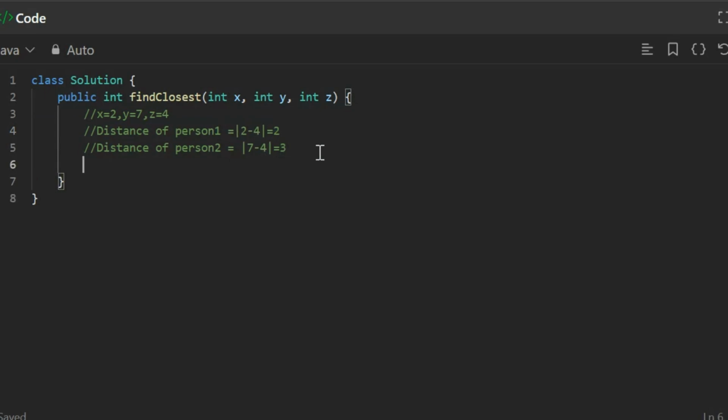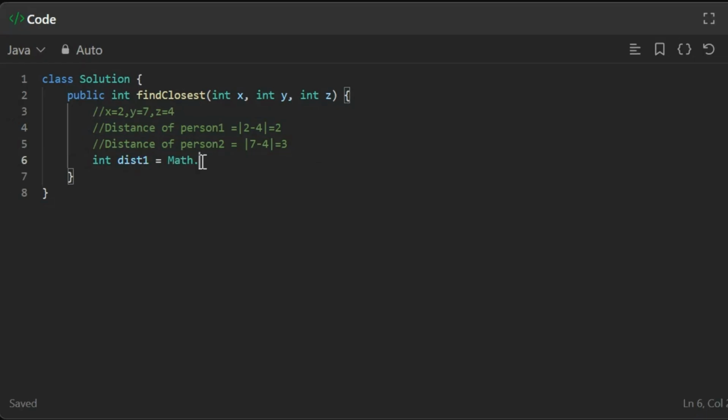So let's code it. We'll use Math.abs to calculate the difference, so it gives the distance value without a negative number. Again, we'll do the same to calculate the distance of person 2.